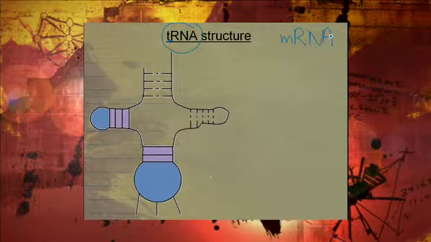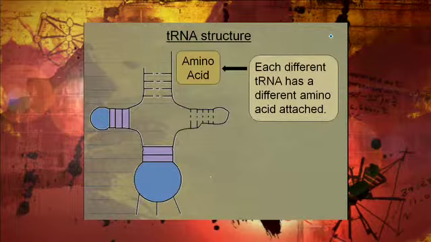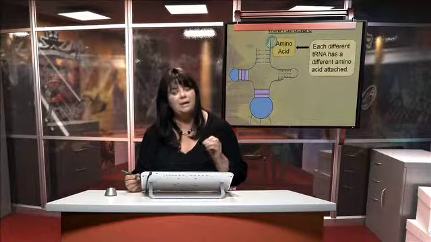What does tRNA or transfer RNA look like? Well, first of all, the most important thing about the tRNA is that it has an amino acid attached to it. Right up at the top here, at the top end of the tRNA molecule, there's an amino acid attached to it. And every type of tRNA has its own particular amino acid.